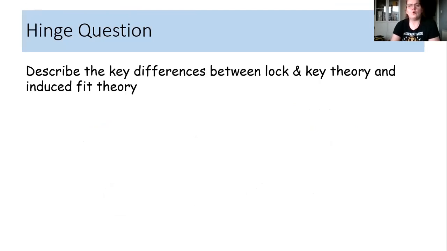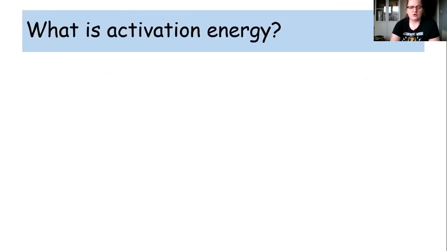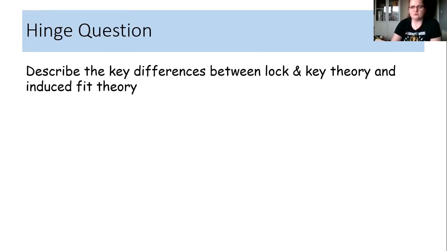So a question that often comes up in exams is things like, describe the key differences between lock and key theory and induced fit theory. For something like this, you would want to highlight the differences in the two theories. So for example, I'm going to just annotate on here really quickly.